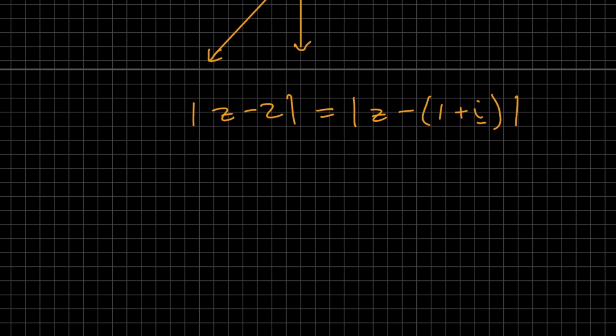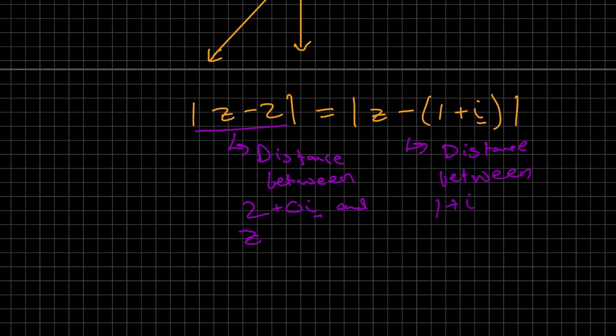So we know that the distance between 2 and some point on the graph, z, so the distance between 2 plus 0i and some point z, will be the same as the distance between 1 plus i and some point z.